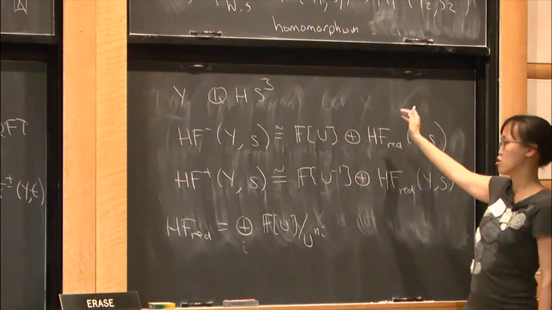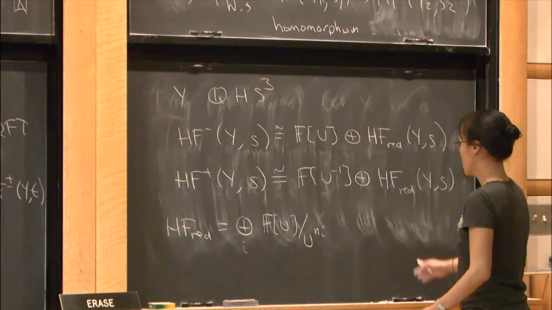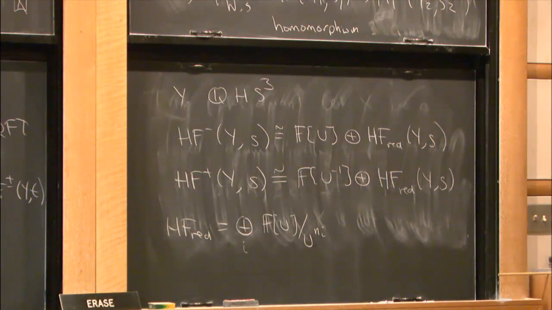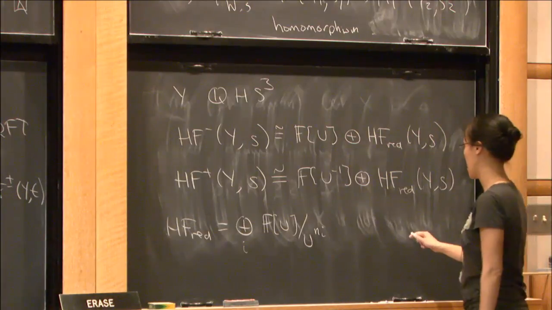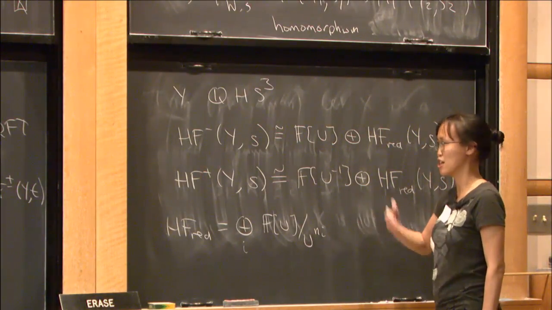So there's this relationship between HF minus and HF plus. To see where this relationship comes from, there's an exact triangle relating HF minus, HF plus, and HF infinity.